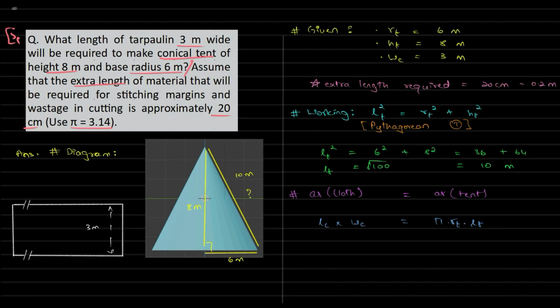Here the pi value is 3.14, we need to take 3.14 itself. So length of cloth into width, which is 3, equals 3.14 into radius, which is 6, and this is 10. Very simple values. Divide by 3. So the length of cloth is 62.8 meters.